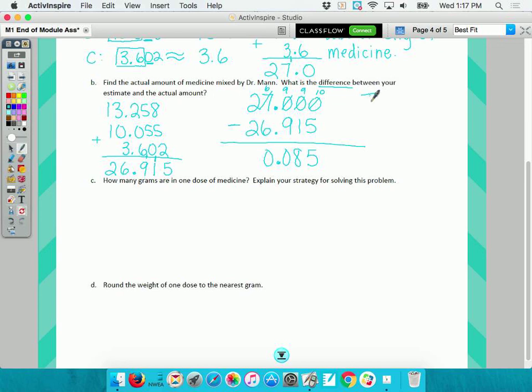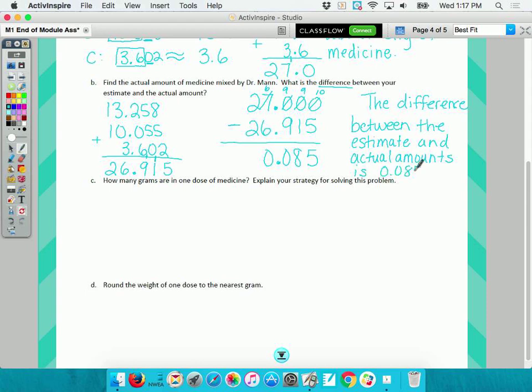So the difference between the estimate and actual amounts is 85 thousandths of a gram.